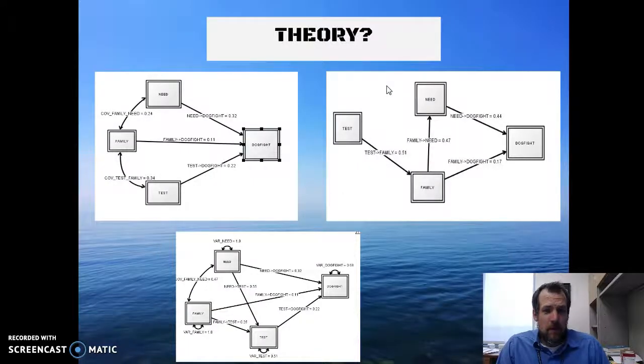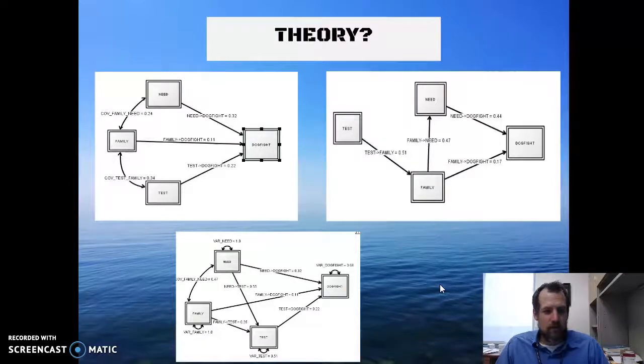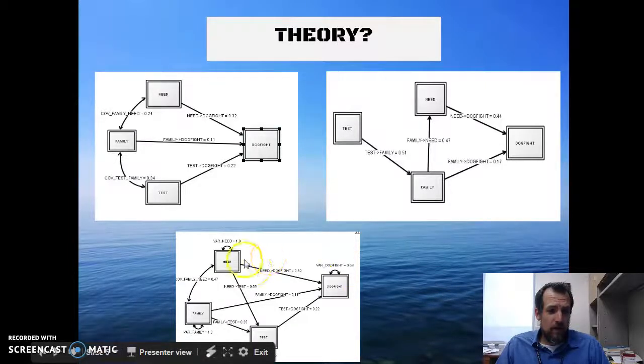But when you think about a theory, it could be lots of different things. Maybe this is kind of like a multiple regression model, whereas maybe this is what they would call a fully identified model, where just about everything is connected with everything else. Here we have that need directly predicts dogfighting, but it also predicts test scores, and then could also have an indirect effect through test scores.